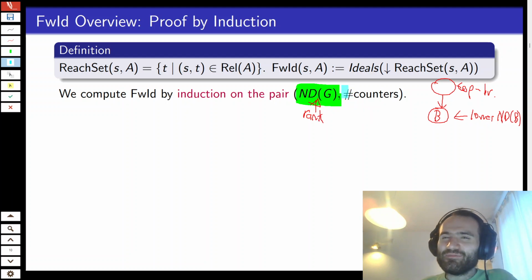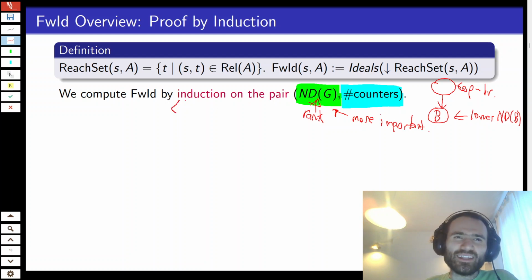And then secondly, the second part is the number of counters. We consider this as being lexicographically ordered. So the nesting depth is more important, and then the number of counters is less important. Okay, so example.